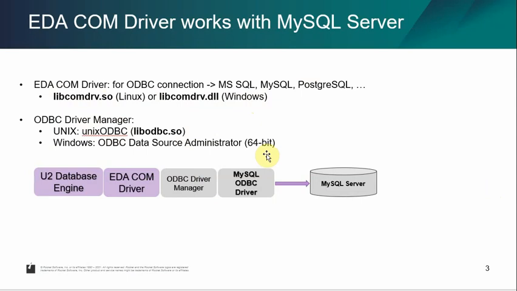But on Unix, you additionally need to install the UNIX ODBC driver. The driver will be libodbc.sh. It is all the same: talk to the MySQL ODBC driver, then connect to MySQL Server.